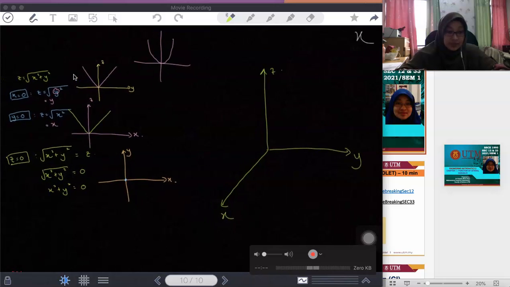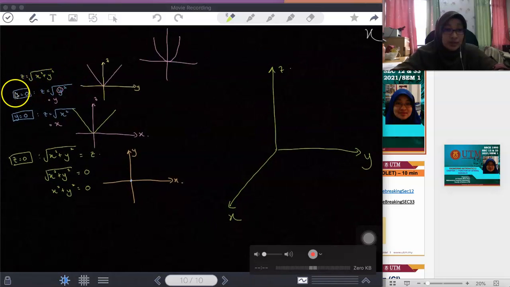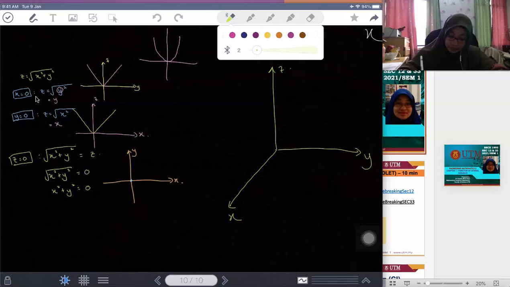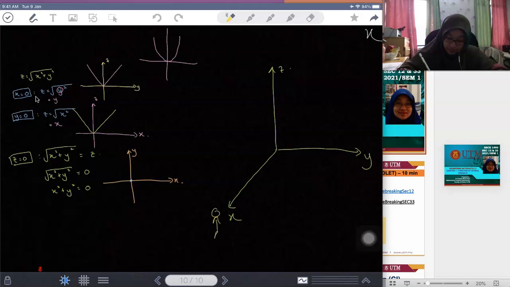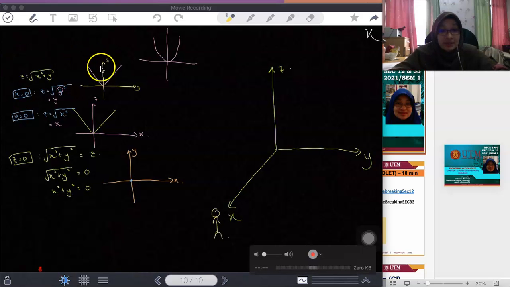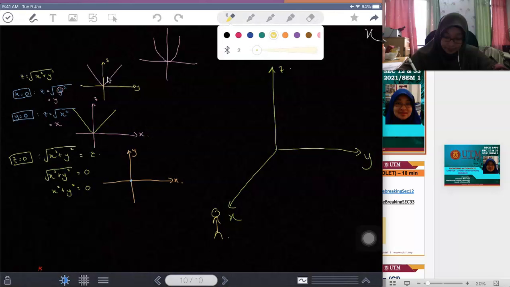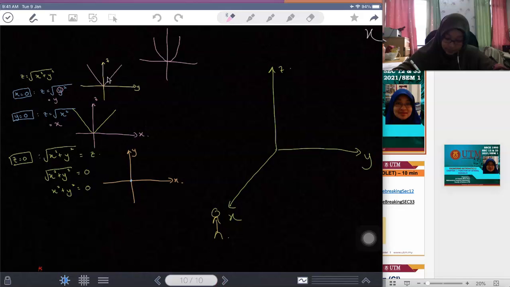The first trace tells you that you are standing along the x-axis, because from this equation you can just see Z and Y, meaning that you are standing over here. So what is the curve that you can see? This is the curve that you can see.